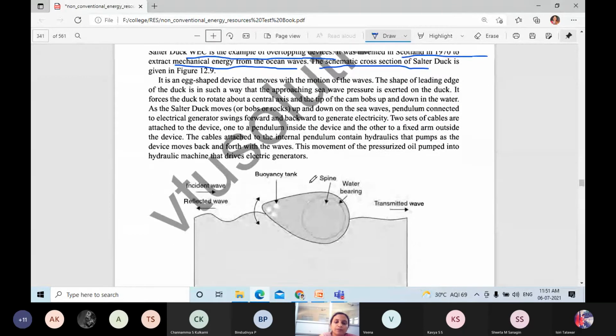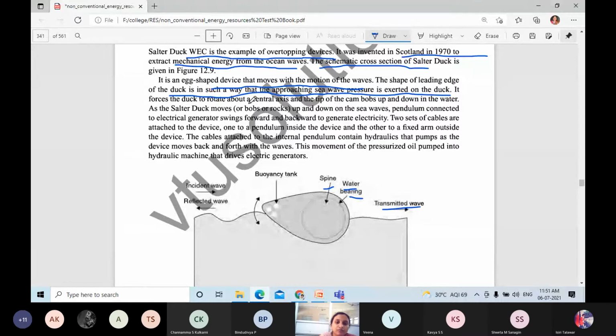If you see the figure, it is an egg-shaped device that moves with the motion of the waves. The shape of the leading edge of the duct is such that approaching sea wave pressure is exerted on the duct. This is a spine, and this is a water bearing, and this is a transmitted wave, incident wave, and reflected wave.